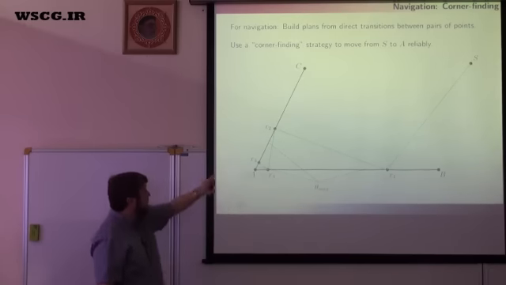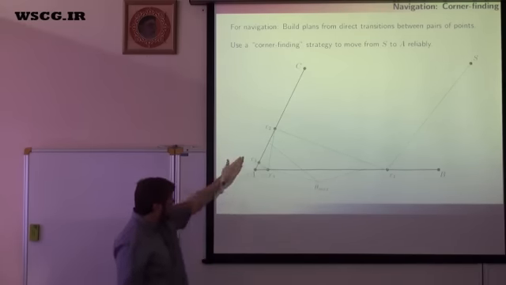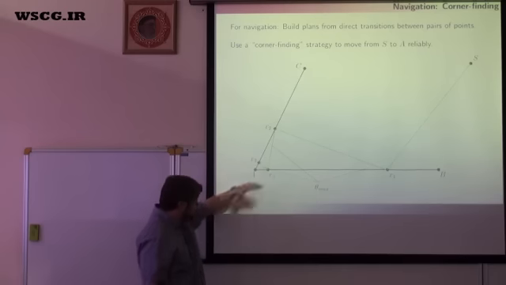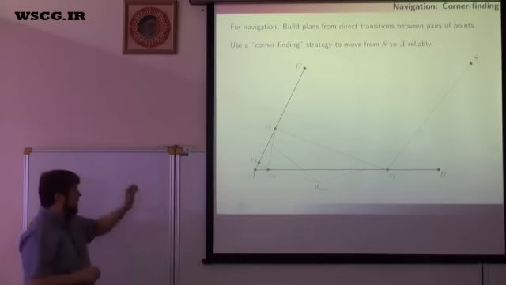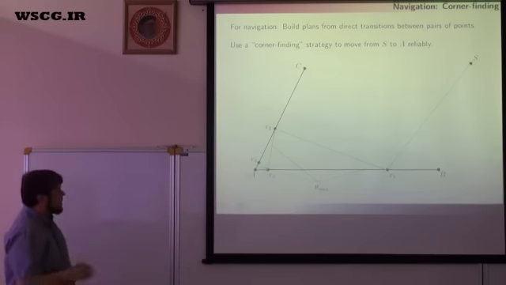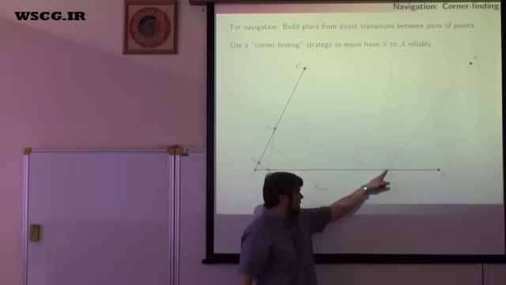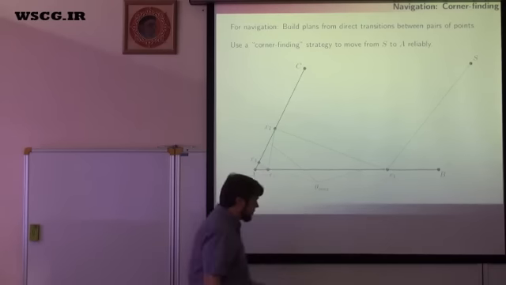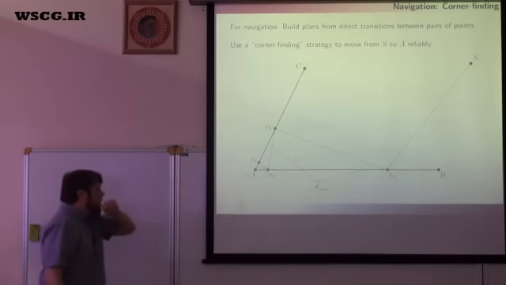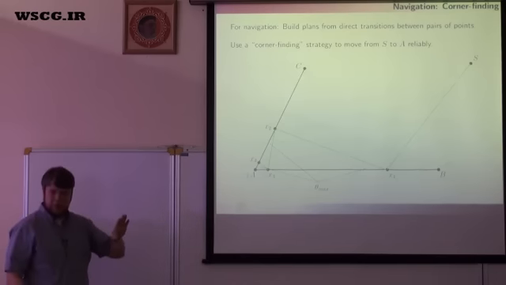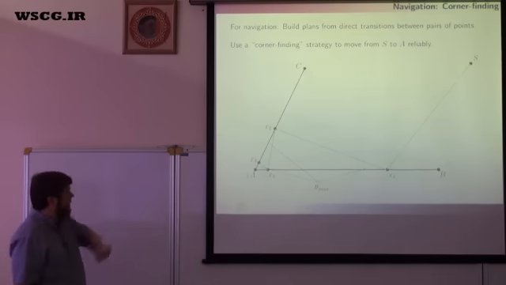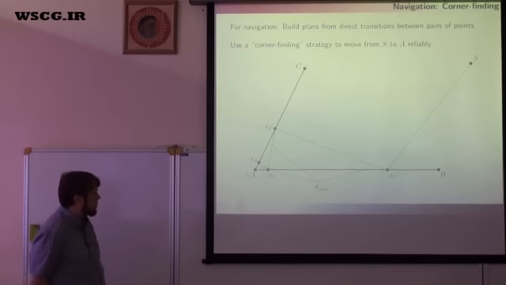So we want to get from S to A, and we have two edges of our environment boundary here, AB and AC. So here's our idea. We want to pick some point X1 along the segment from A to B. I'm not telling you yet how to choose X1, and we'll see the algorithm for picking it in just a second.